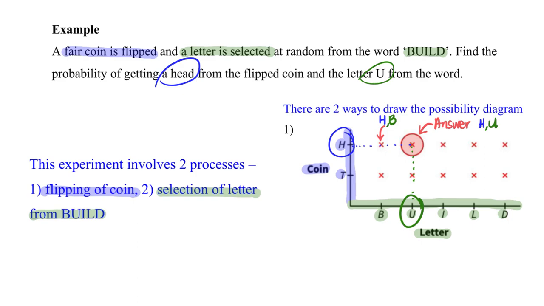How many outcomes are there? 1, 2, 3, 4, 5, 6, 7, 8, 9, 10. So 1 over 10.